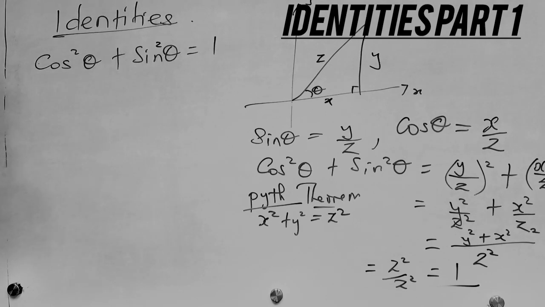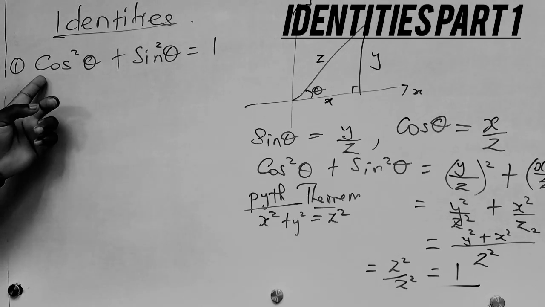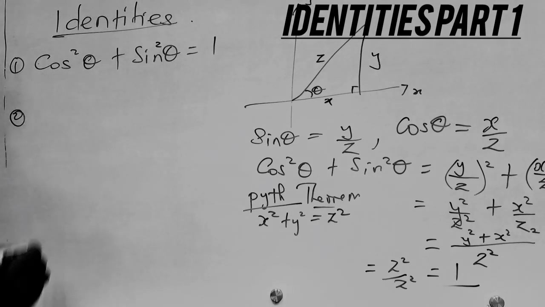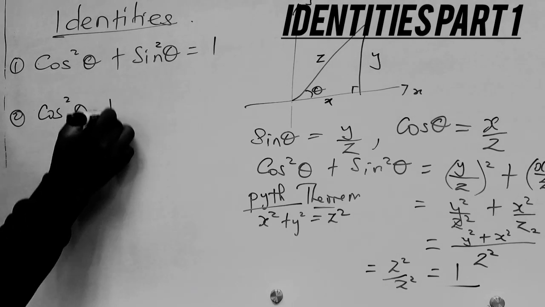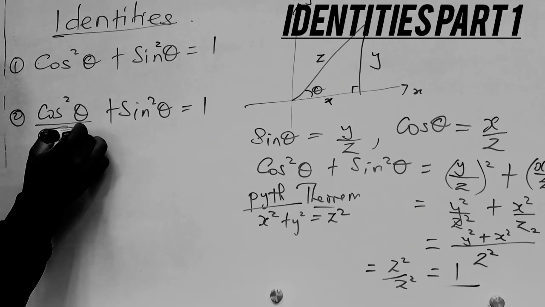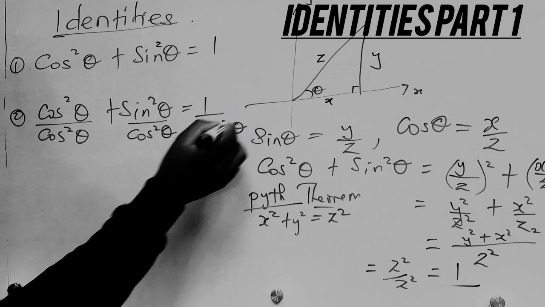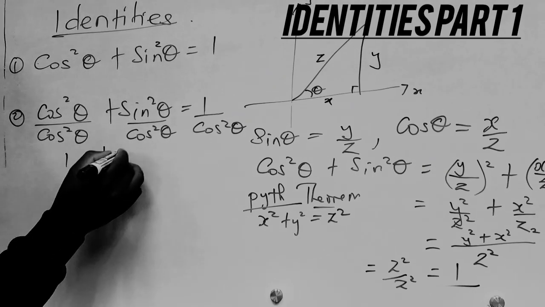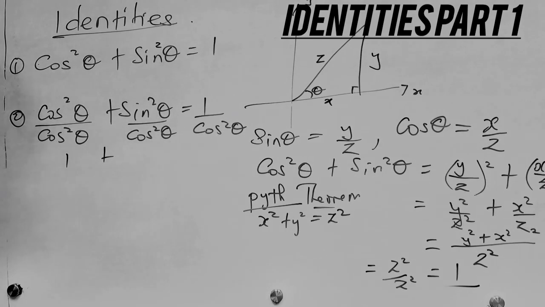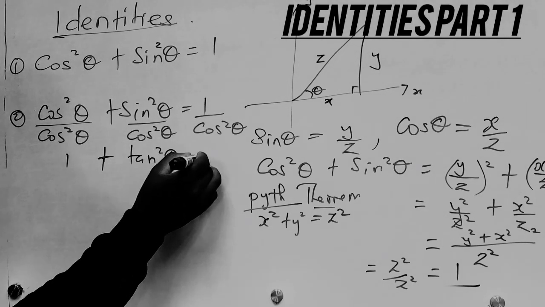Now let's see what's next. We can play around with our identity to derive some identities that can come out from there. We mark it identity 1. Number 2, we can divide by cos squared theta throughout this equation. The cos squared over cos squared cancels and gives us 1, plus sine theta over cos theta, which is tan theta, so this will be tan squared theta.